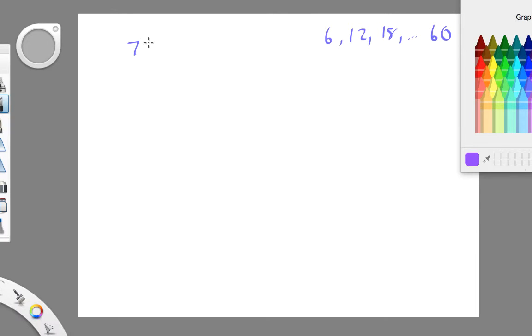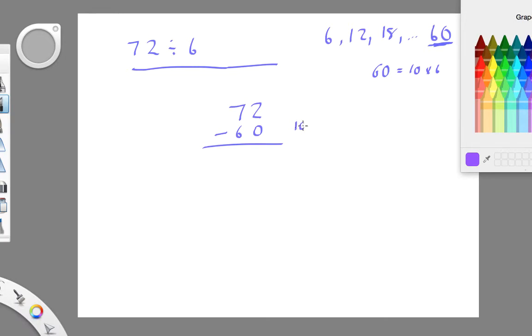All right, so if we did 72 divided by 6, and we stretched that out into our problem, 72, we could do minus 6. But we could also do minus 60, because that's the same. 60 is 10 times 6. So instead of doing 6, we're going to do 60. And we know that that's 10 times.